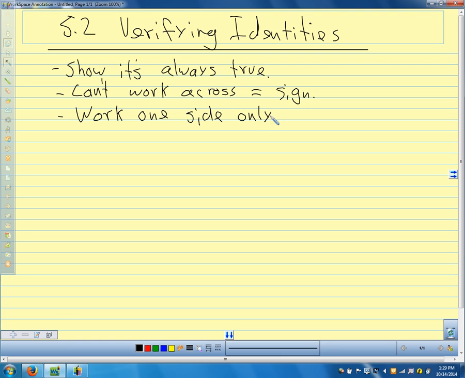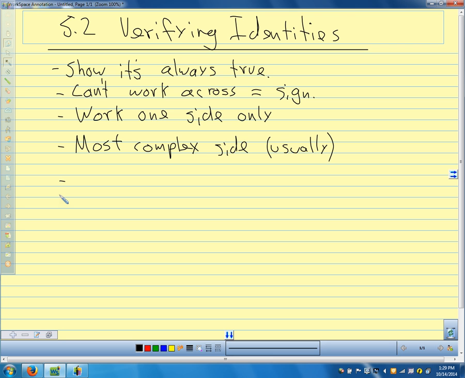Usually we're going to pick the most complicated side because that gives us more stuff to work with. I'm not going to say always. And there's some other tips that are written on that sheet that I gave you.